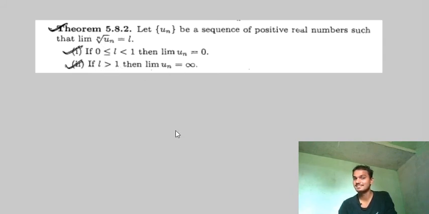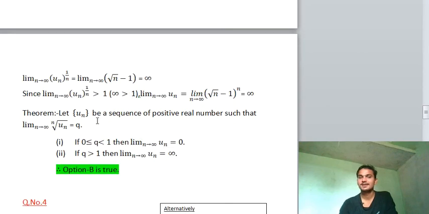You can apply this theorem to know the answer of this question. The limit of un to the power 1 by n is infinity, and of course plus infinity is greater than 1.